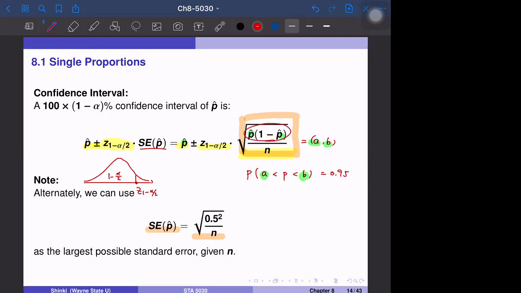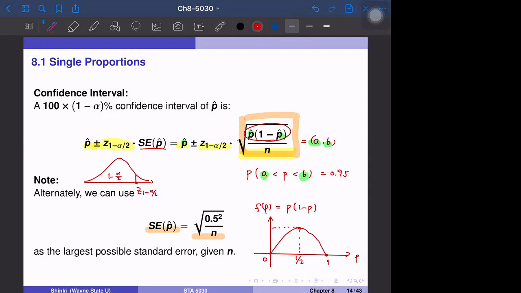This function is maximized at p equal to 1/2. p ranges from 0 to 1, and this is the parabola, with 1/2 and 1 marked. So the graph of y equals p times 1 minus p is this. This is the largest possible value, so this is actually more conservative. We are on the safe side, so our calculated confidence interval has at least 95% confidence.